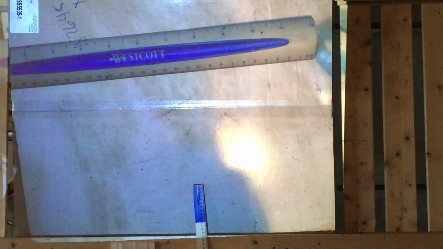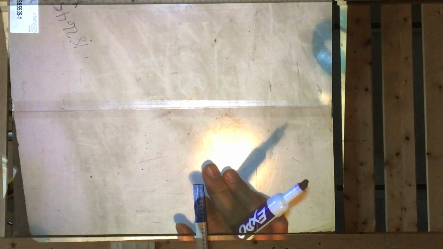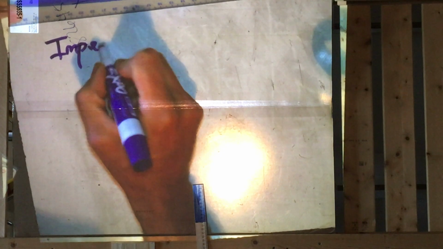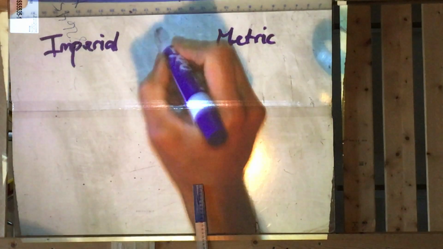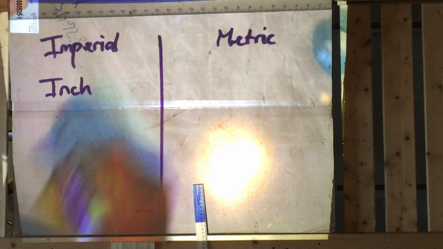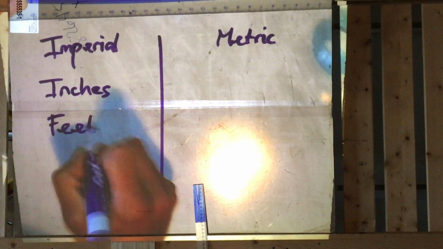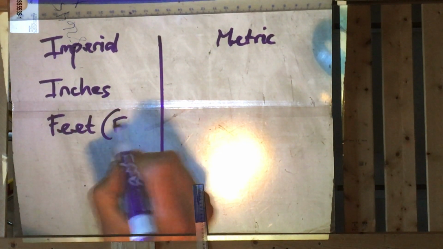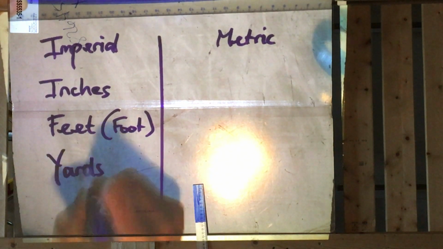Well, one of them is what we call the imperial system, which is what you guys still use, and one of them is the metric. Okay, the imperial system: inches, feet, or 1 foot, and yards.